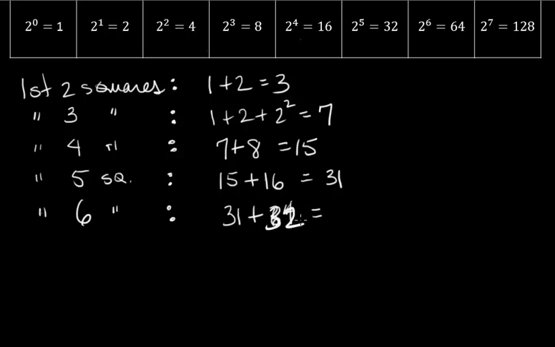Sorry about that. So 31 plus 32 will give me 63. Let's do one more. The first 7 squares. We have 63 plus, well, the amount on the 7th square is 64. So adding, we have 127.